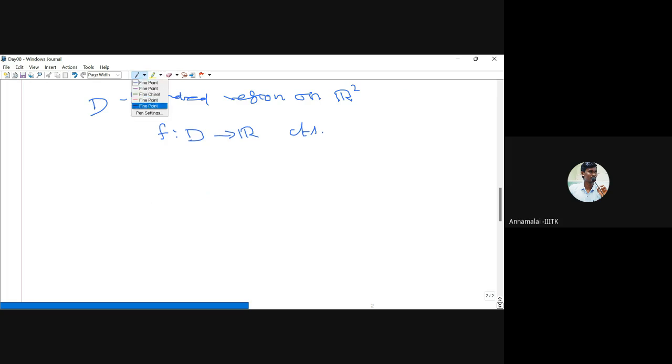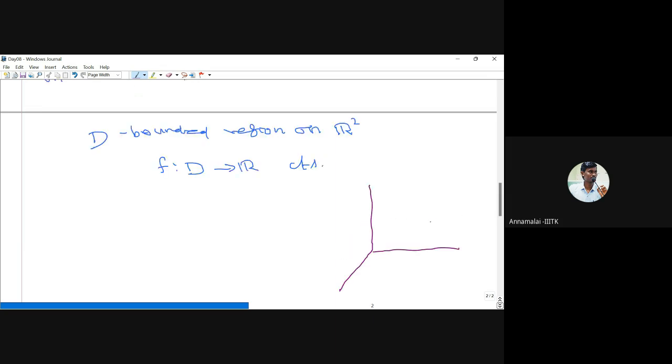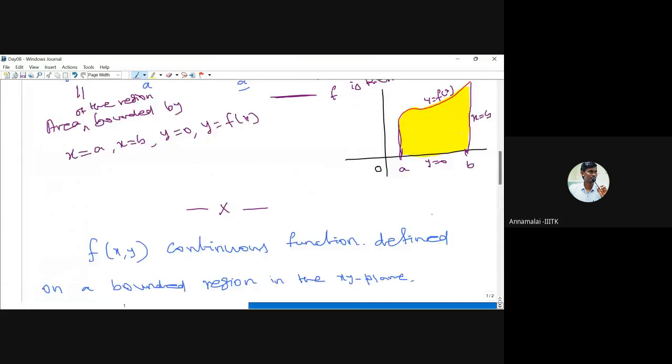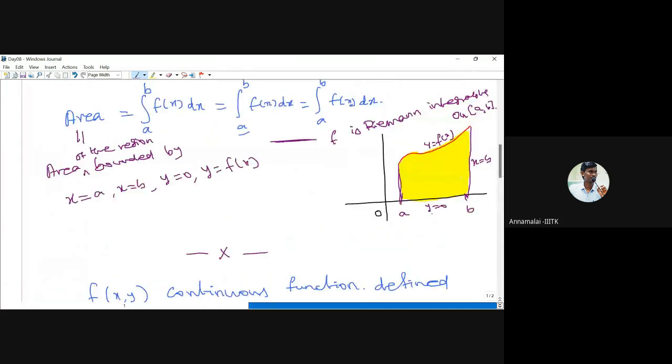The graph should be in 3 dimensions. Okay. So in the 2-dimensional case, our domain is the x-axis.